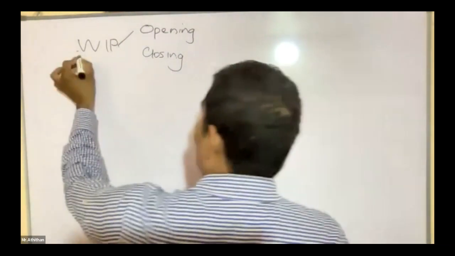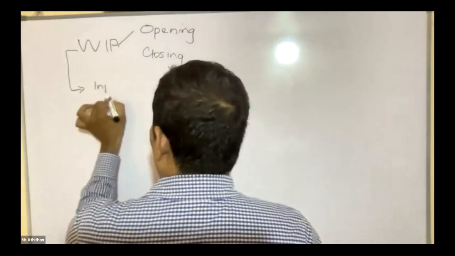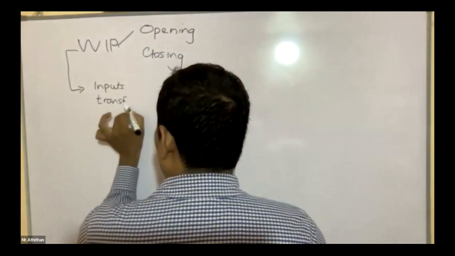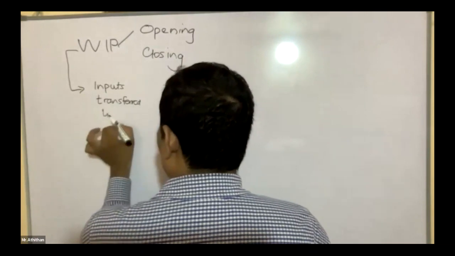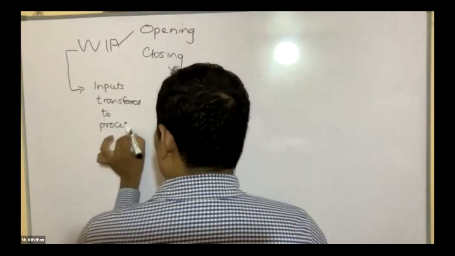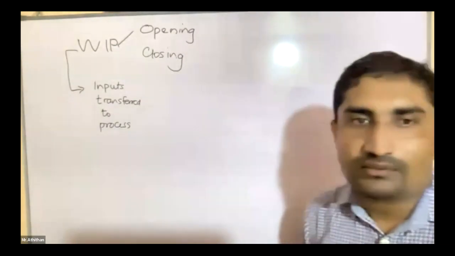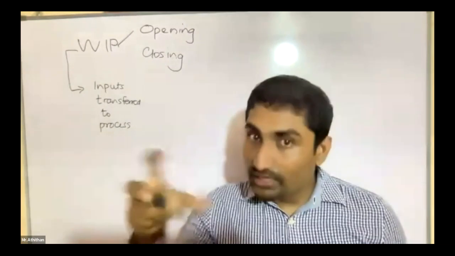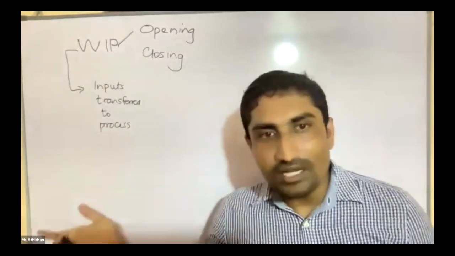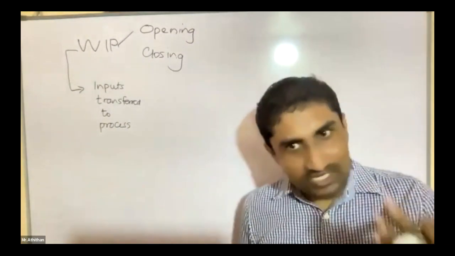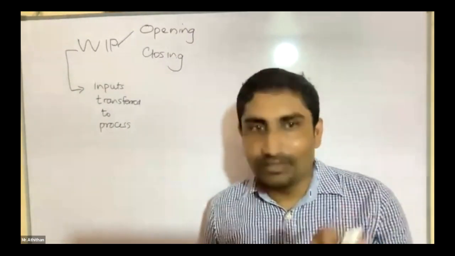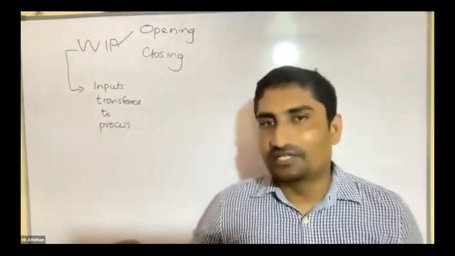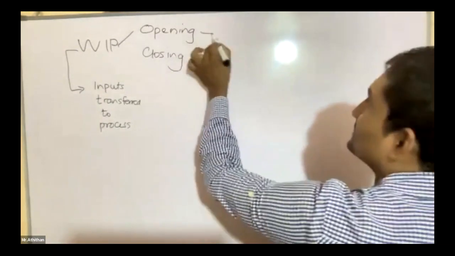So already production started means the inputs transferred to the process. So transfer of the input is complete. உள்ளீடுகள் ஏற்கனவே ப்ராசஸ்க்கு ட்ரான்ஸ்ஃபர் பண்ணி விட்டது, ஏற்கனவே ட்ரான்ஸ்ஃபர் பண்ணியாச்சு. Right? That means the production process has started. உற்பத்தி செயல்முறை ஆரம்பிச்சு விட்டது.